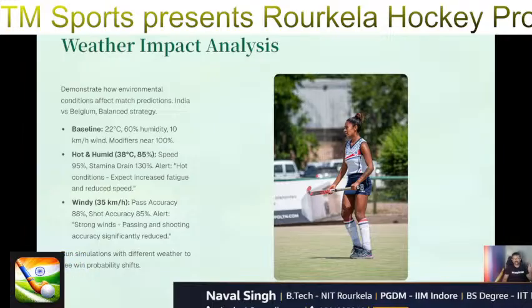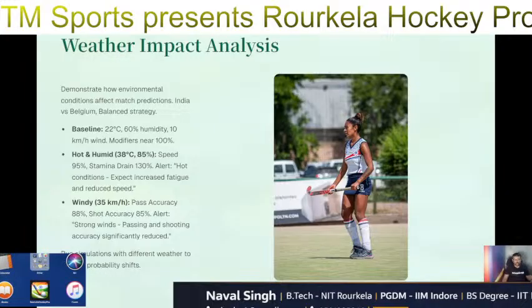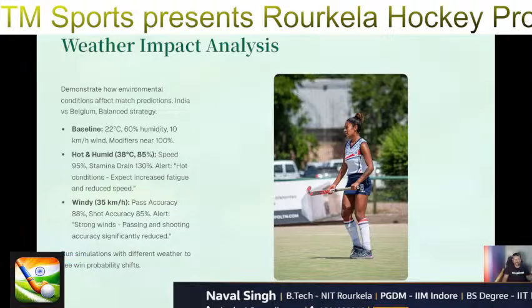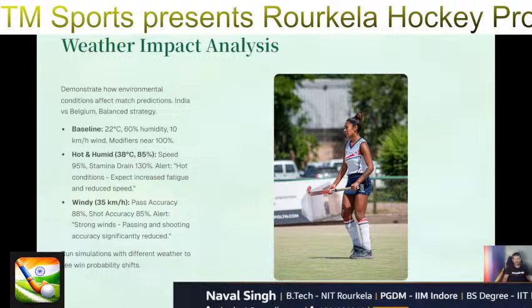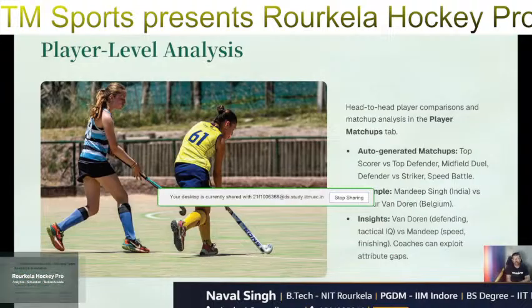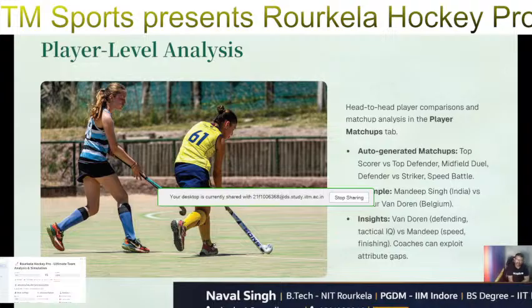But we can simulate conditions using the same software for hot and humid condition, where temperature goes up to 38 degrees Celsius, the humidity goes up to 85%, which shows the impact on speed and the drain on stamina. The same way, you can also increase the wind speed and see the impact on pass accuracy, shot accuracy, and get the alerts.